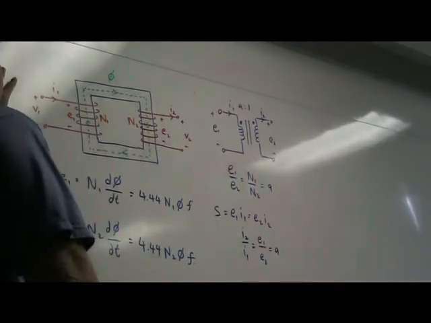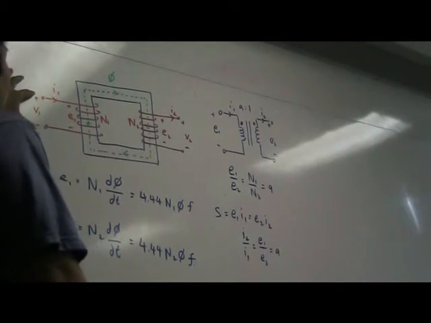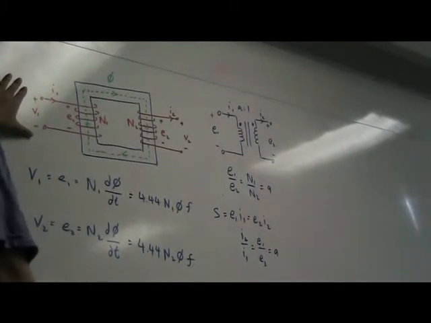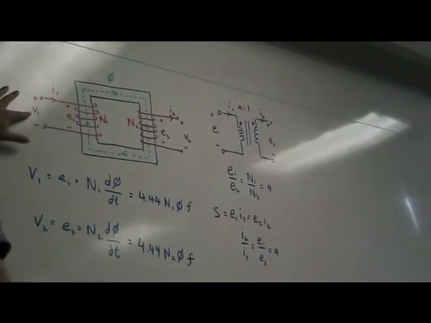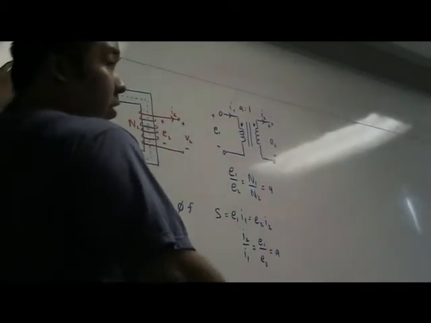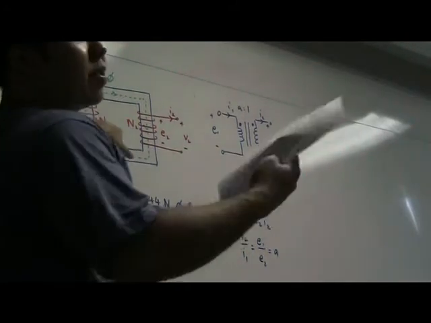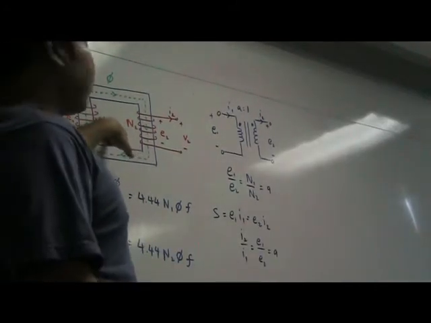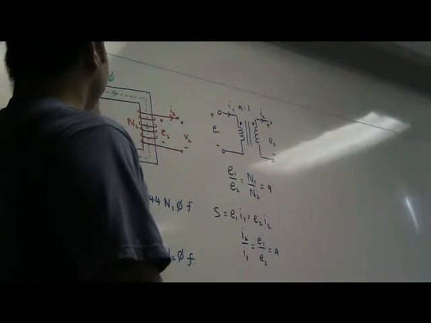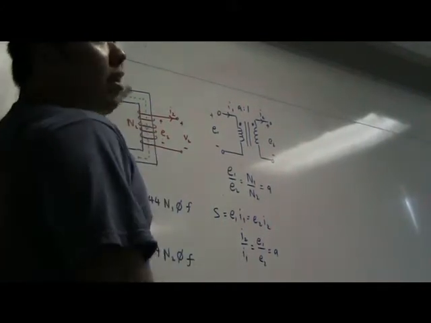Now when an input is connected to the primary side, the input voltage is V1. A current I1 flows in the circuit. This I1 multiplied by N1 establishes an MMF. The MMF will produce a flux flowing in the magnetic core.